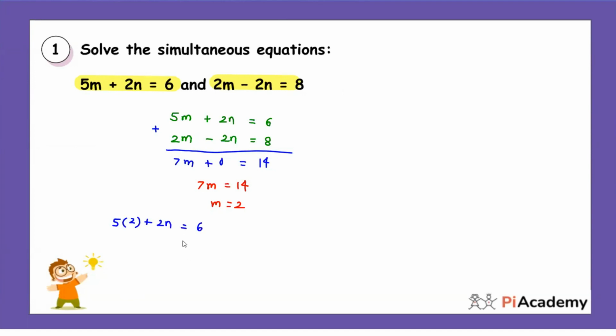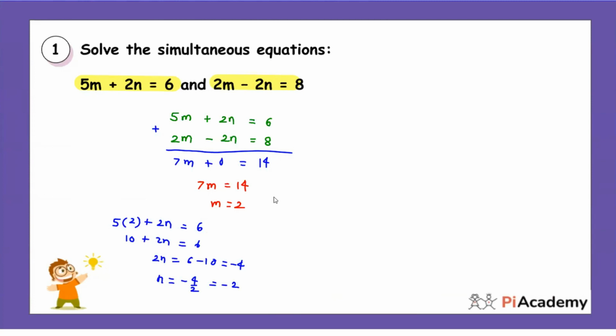So 5 times 2 is 10, and 10 plus 2n equals 6. So 2n equals 6 minus 10, and that is minus 4. Once you know that 2n equals minus 4, n equals minus 4 divided by 2, which is minus 2.